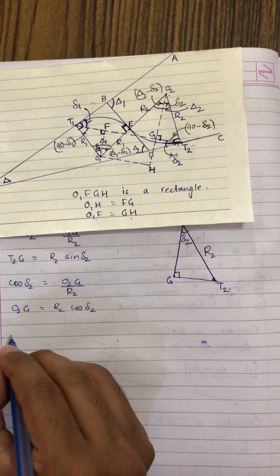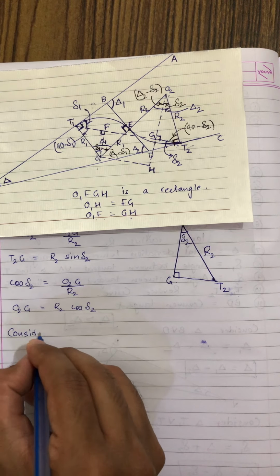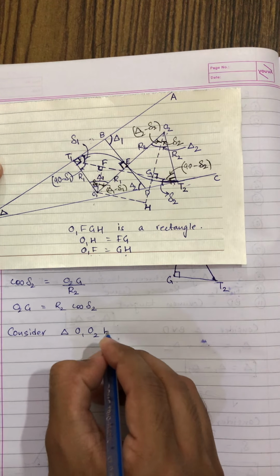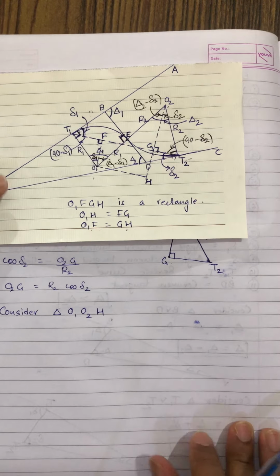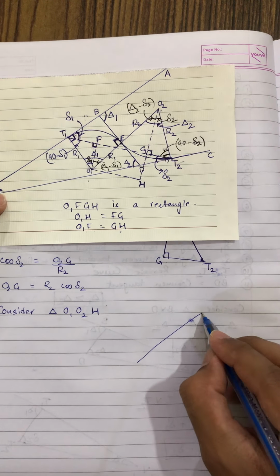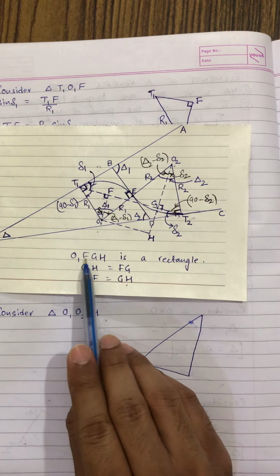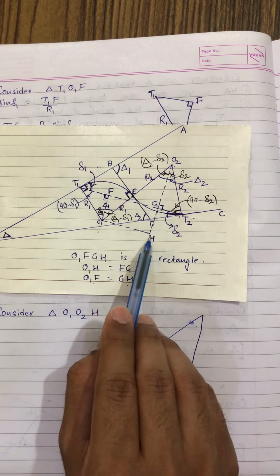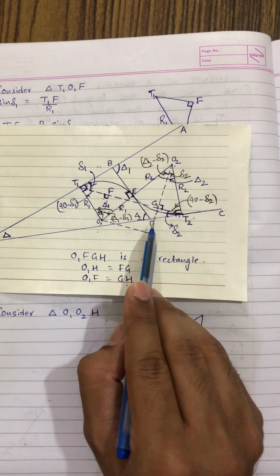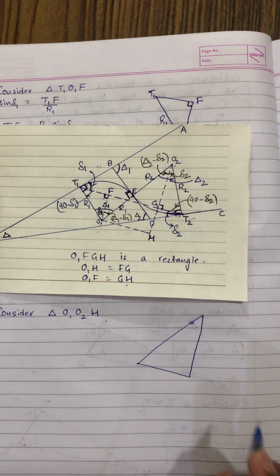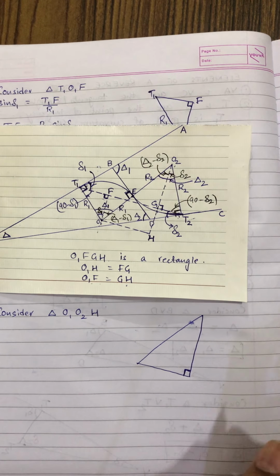Now, suppose we consider this triangle O1, O2, H. We'll make that triangle over here. As we know that O1FGH is a rectangle, this angle should be a 90-degree angle because all the angles of a rectangle are perpendicular.